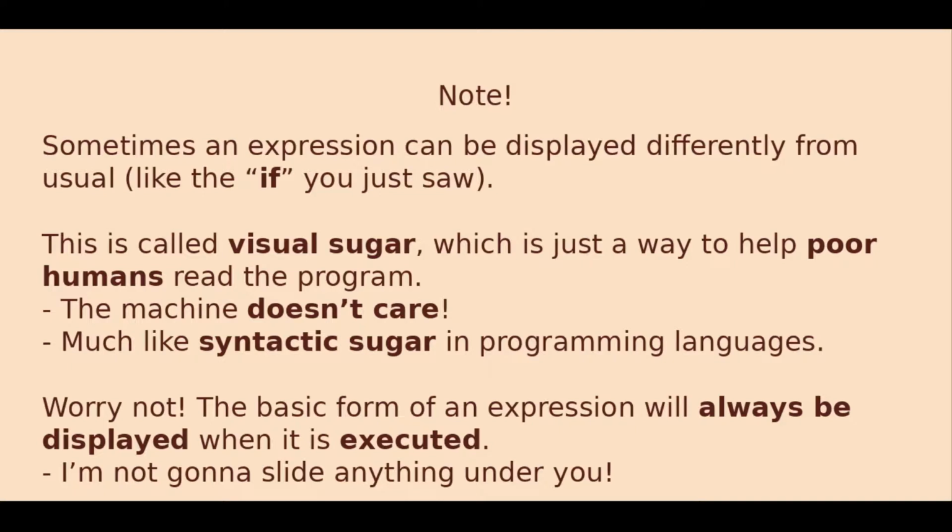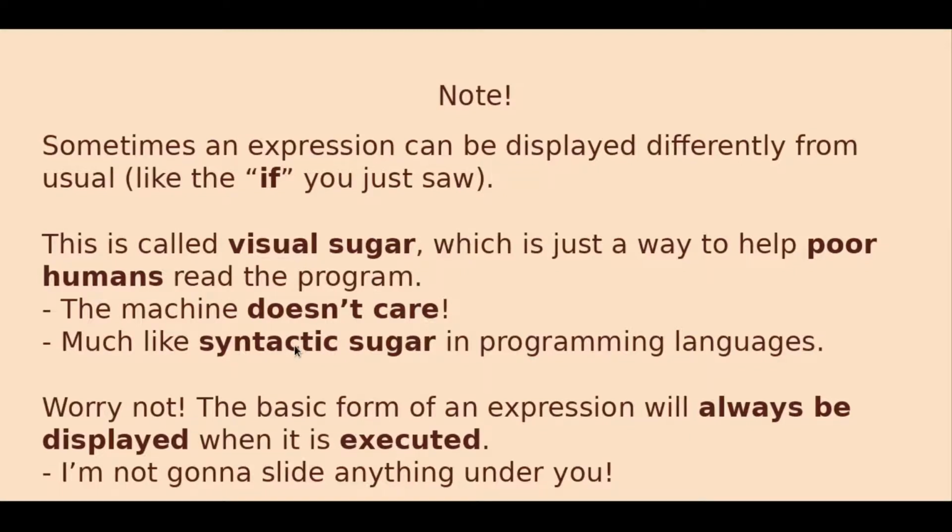Note that sometimes an expression can be displayed differently from usual, like the if you just saw in the previous slide. This is called visual sugar, which is just a way to help us poor humans read the program. The machine doesn't care how the program is written.